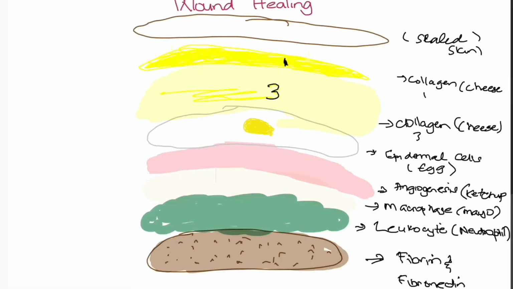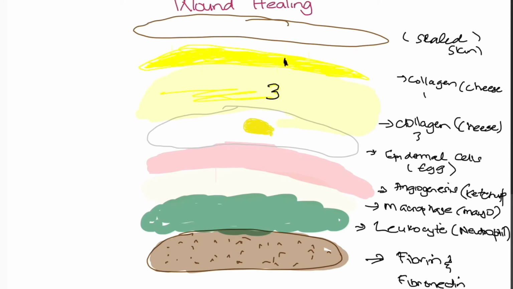So we're going to finish our burger. Angiogenesis occurs after the macrophages and everything have dealt with the inflammatory response, and there is formation of blood vessels. Just think of blood. So we put some ketchup for the blood. And then remember that your epidermal cells come to fill the dermal gap, right? And they migrate until they have reached other epidermal cells. So epidermal cells, egg, E for epidermal cells.